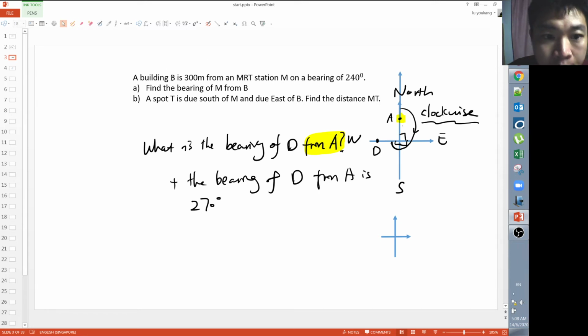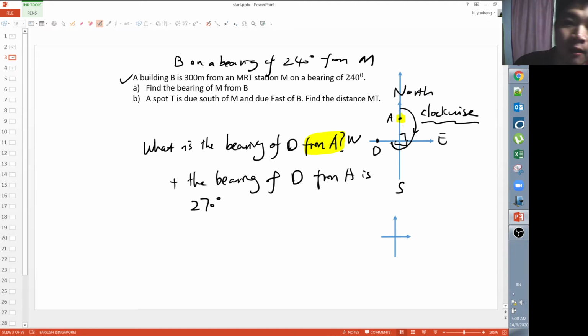If I want to rephrase this question, it's B on a bearing of 240 from M. So if this is your point M, the question says a bearing of 240 from M. That means you go to M, because it says from M, so it starts from M.